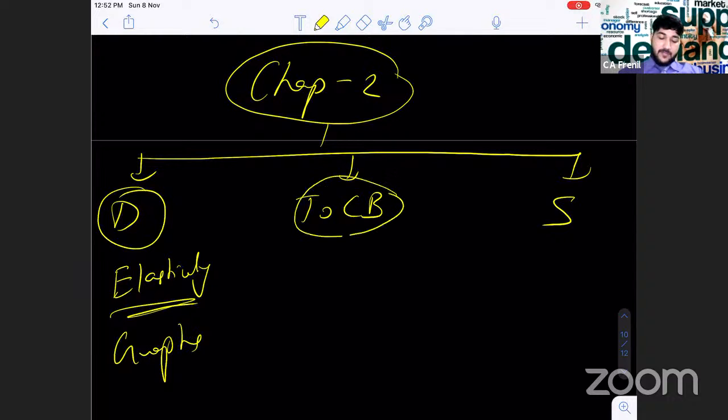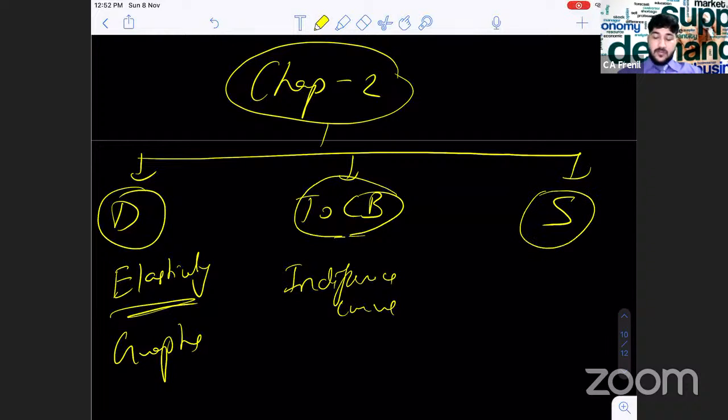And in theory of consumer behavior, more importance has to be placed on the indifference curve. More concentration has to be given to where? To the indifference curve. And in supply, you have to concentrate, again, on elasticity of supply.